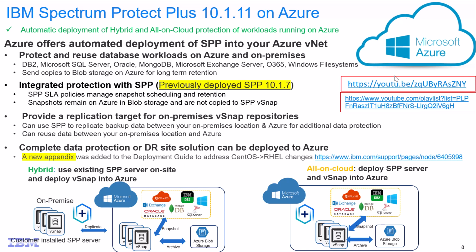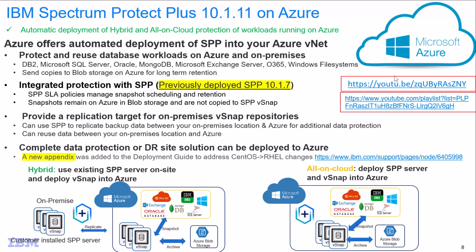Or you can have Marketplace do an all-on-cloud deployment where both your Spectrum Protect server and vSnap are deployed into Azure. So with this update, when the customer purchases Spectrum Protect Plus from Azure, the version 10.1.11 will now be deployed. Previously, it was deploying version 10.1.7.